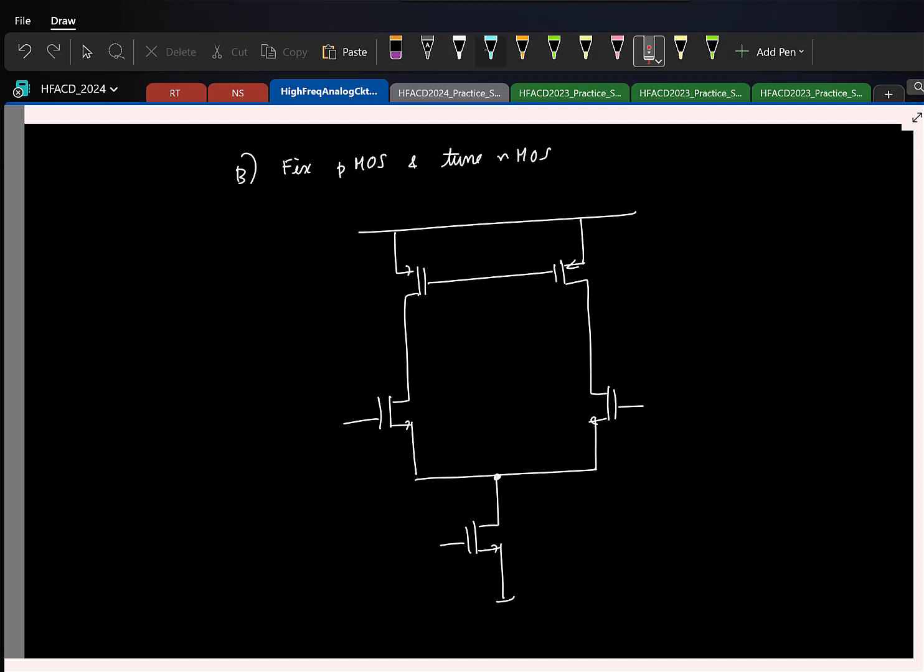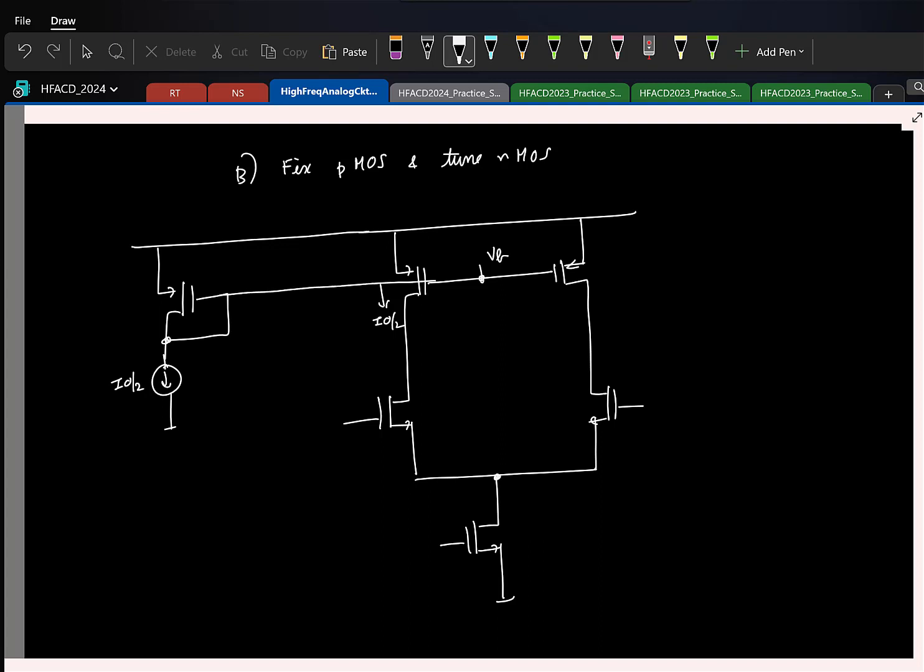So let us say I bias this pMOS transistor so that it carries some current I0 by 2, right? And that's straightforward. You can basically take a copy of this guy, pass a current I0 by 2 and generate this voltage and connect. Fine. That will fix the pMOS current.